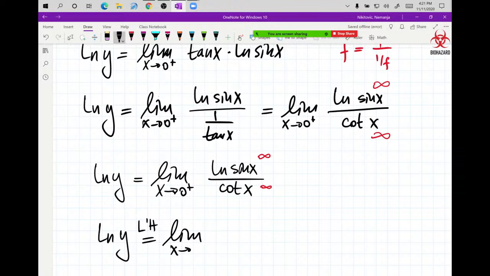Limit as x goes to 0 plus, and now we have our derivatives. Ooh, it's ln. We all know what that means. When it's ln, you put the function as is on the bottom, and its derivative on top. Derivative of sine is cosine. Now, the derivative of cotangent is negative cosecant squared x.